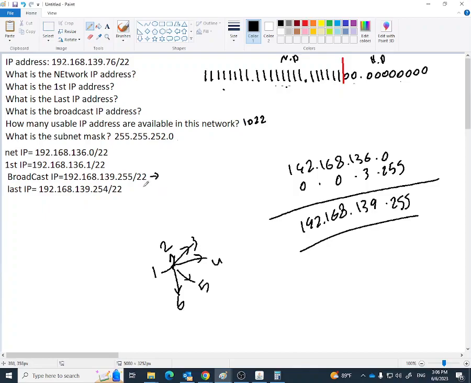That broadcast IP address is going to be used by the network device to forward the message to all these machines. Instead of sending individual messages to each one of those hosts, it's going to be the same message that's transferred to all of these machines. How is that achievable? If you use the destination IP address as the broadcast IP address.